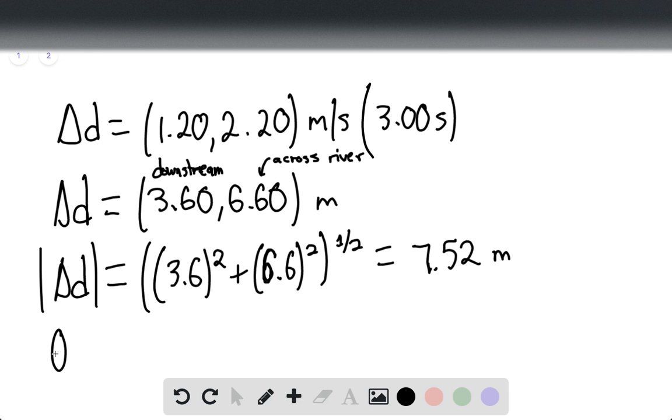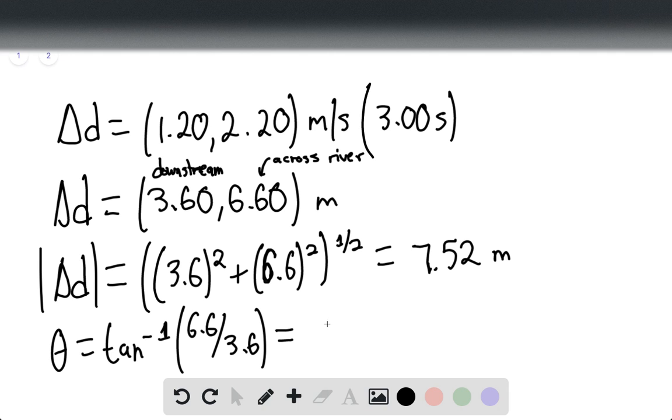And then theta would be arctan of the y component, 6.6, divided by the x component, 3.6, and this is giving us 28.6 again. And then, of course, phi would be 61.4 degrees.